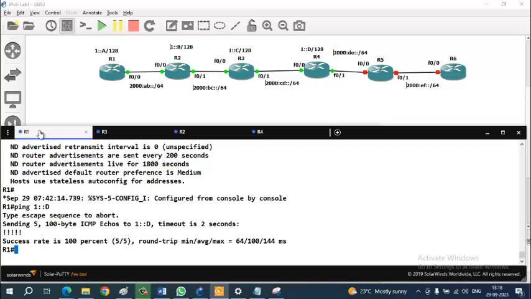But in IPv6, I'm pinging for the first time from this end to that end. It didn't take any time. Because before you ping, it has already discovered automatically in the background. Whereas in IPv4, only when you try pinging, it will provoke ARP and wait for the ARP reply. It takes time.